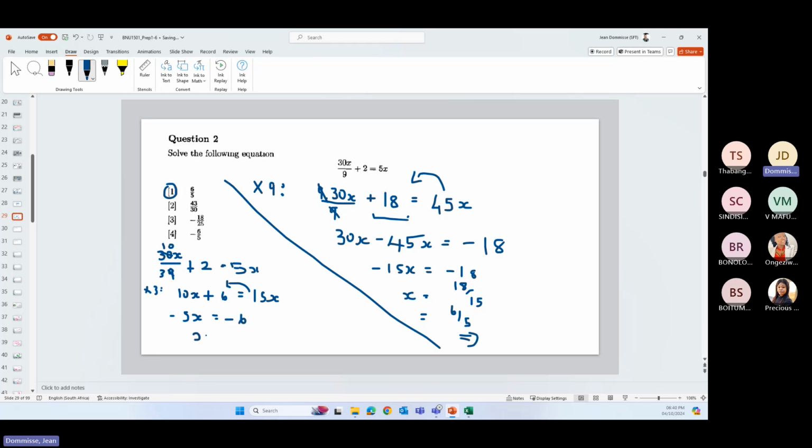And now if I work out this answer, it will just be equal to 6 divided by 5. Okay, because I did the simplification of the 30 and the 9 up front, I didn't need to do it at a later stage, so my answer is already in the simplest form.